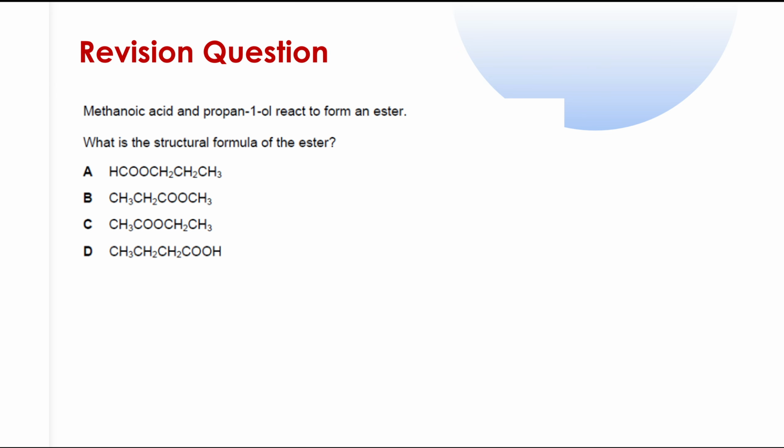So, if you look at this question, it says that methanoic acid and propan-1-ol react to form an ester. The ester is going to be called propyl methanoate as a name, because the alcohol part comes first. It does not affect the answer, but I'm just saying it so that you remember.